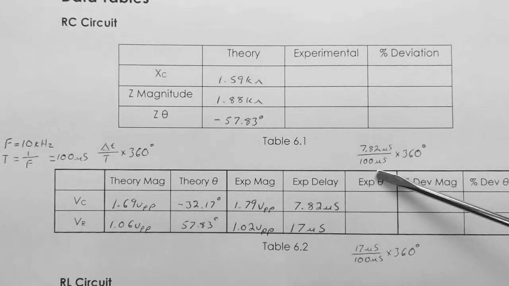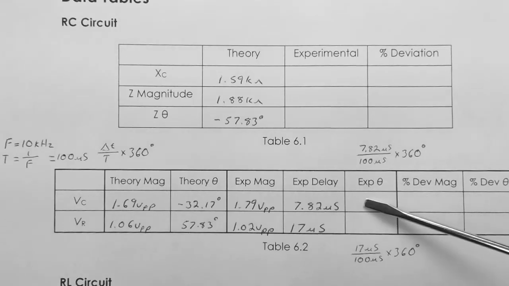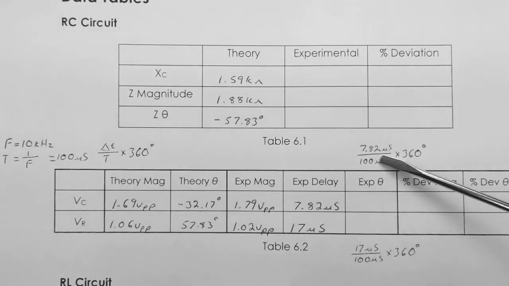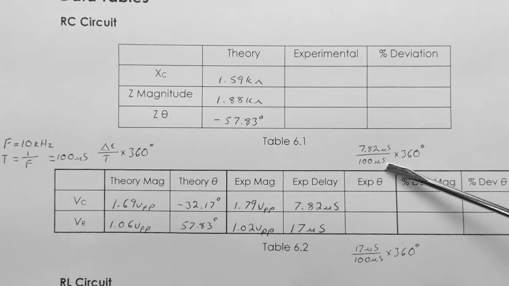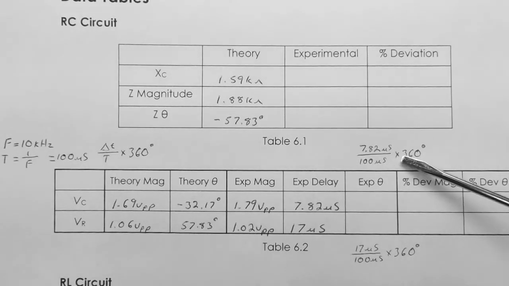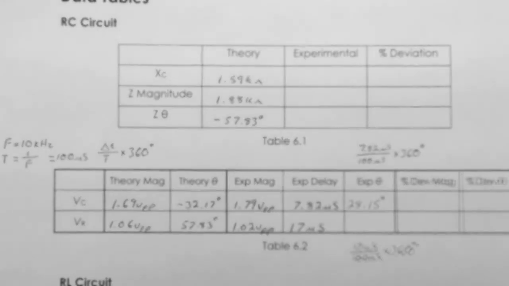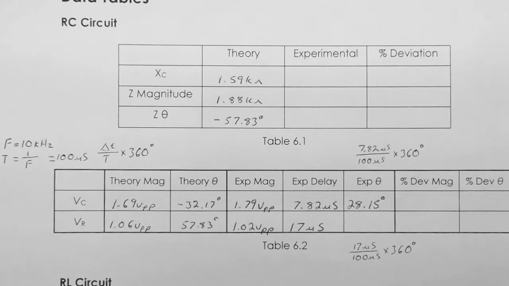So to calculate the phase angle for VC, I take the 7.82 microseconds, divide it by 100 microseconds, and multiply that by 360 degrees. So the result is 28.15 degrees.